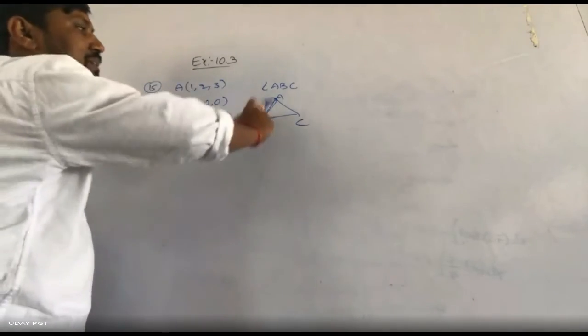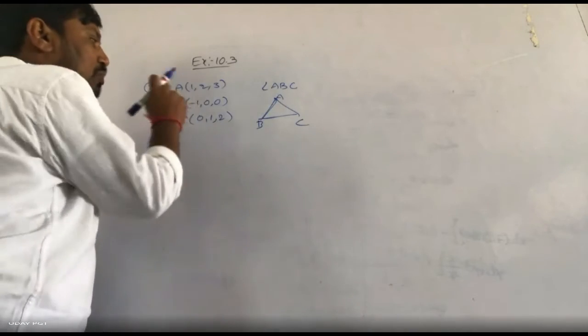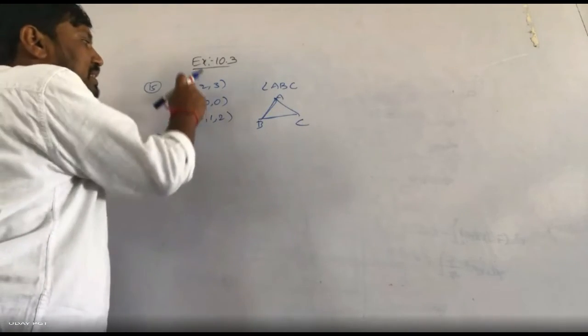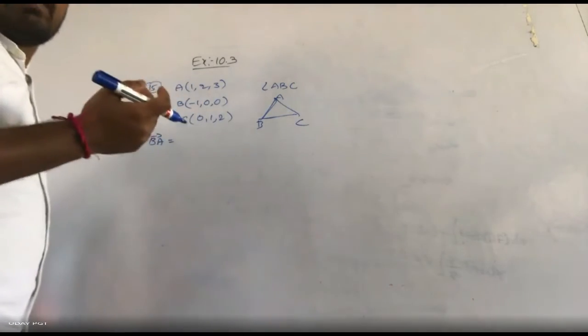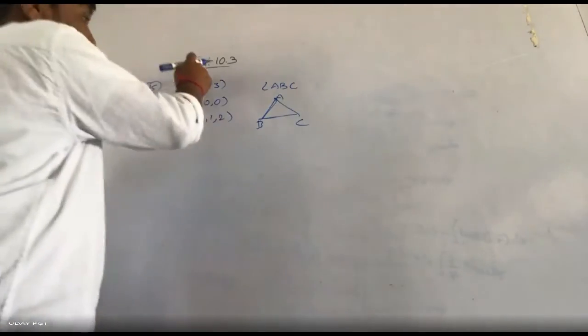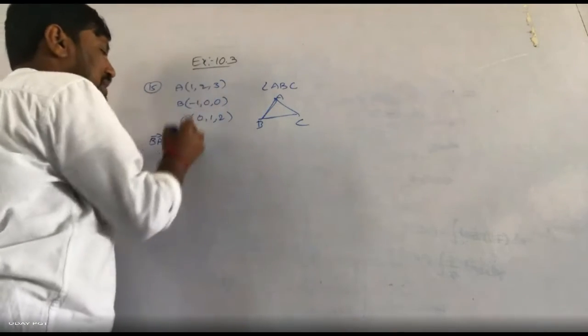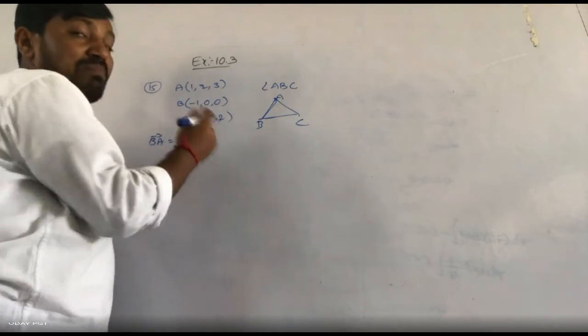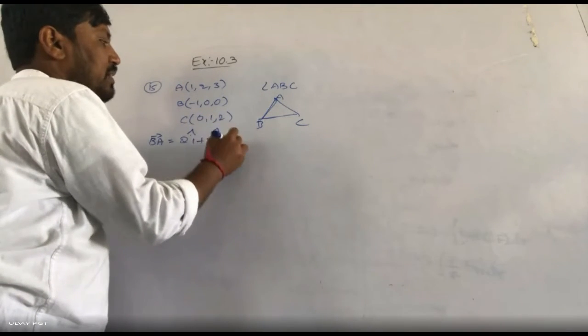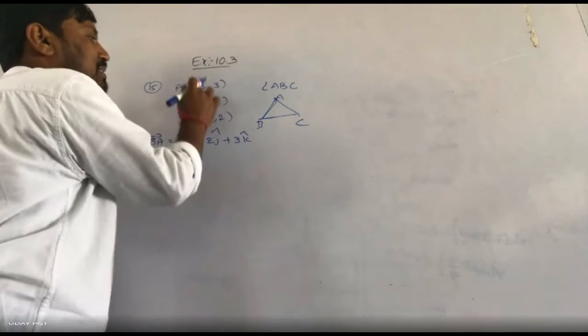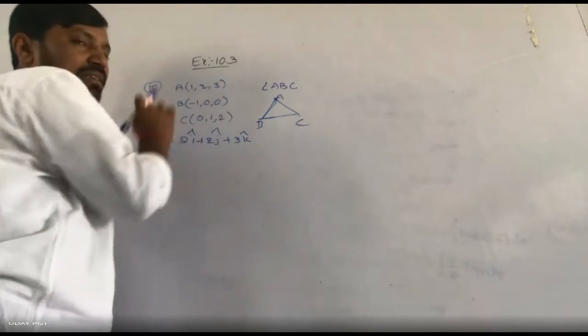The vertices are given to you, so most of the students may get confused. This you need to subtract that. Whenever you take B minus A, it means this one minus this one. So 1 minus 1, 1 minus of -1, 2i plus 2j plus 3k.